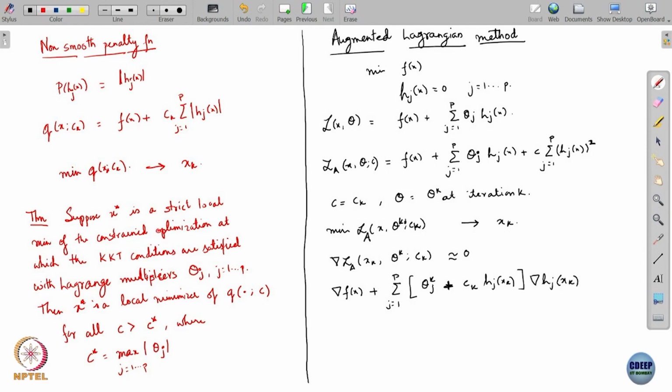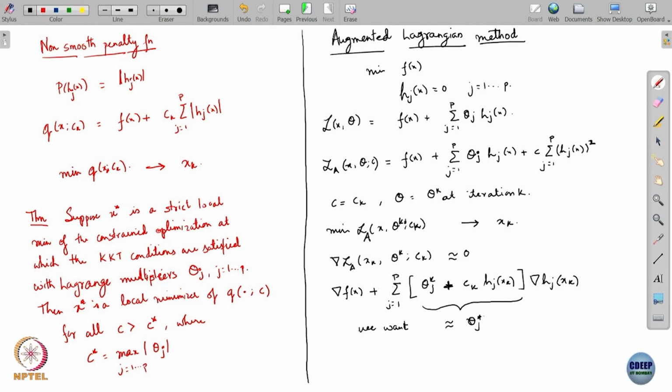Now, if you compare this with your KKT conditions, what you would want is that eventually this term here, which is in the bracket, should start resembling the optimal Lagrange multiplier. Okay.